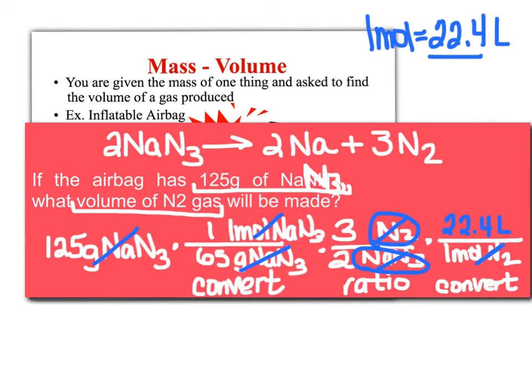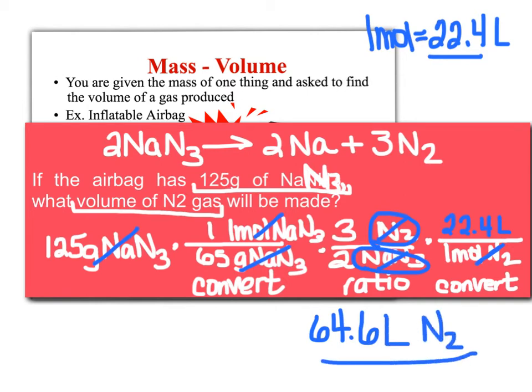So we're going to take 125, divide by 65, multiply by 3, divide by 2, and multiply by 22.4. And our answer comes out to 64.6 liters of nitrogen gas. And that is our answer.